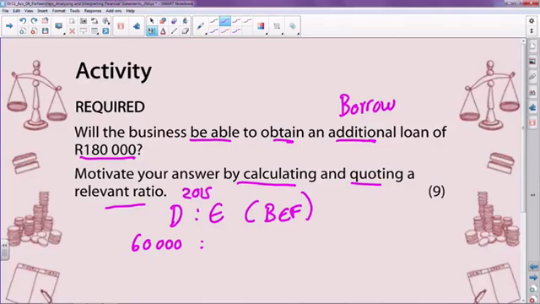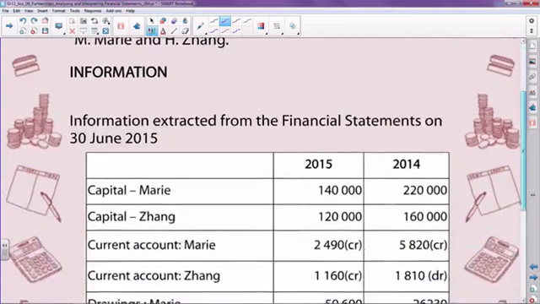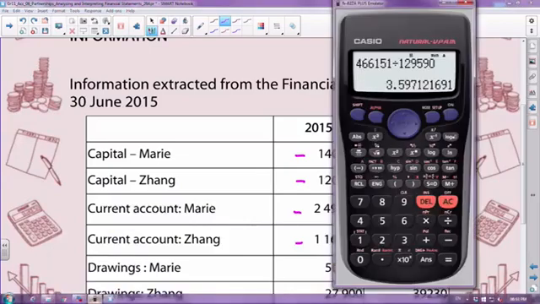Okay, so let's go back to the information sheet. Your equity would be the capital contributed by each partner. Okay, so I've got partner Murray and then partner Zhang. Then also your current account balances for each partner. That's going to give us our total equity. So let's calculate the equity.